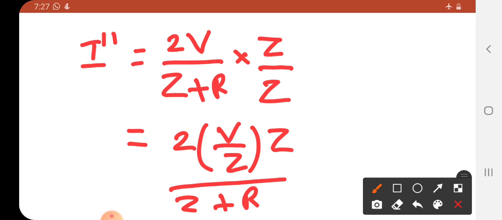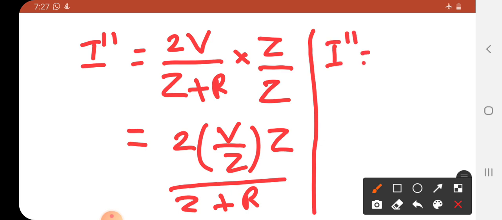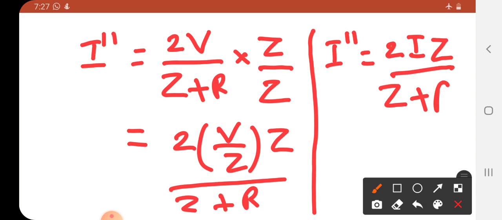V by Z is I. So hence I double dash is equal to 2IZ by Z plus R, or I into 2Z by Z plus R. So this is for refracted voltage and refracted current.